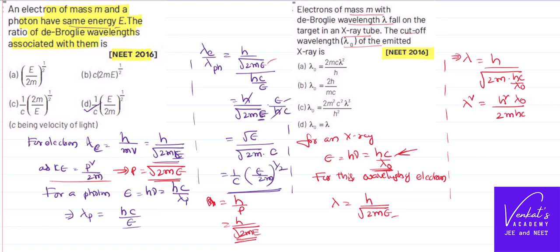That lambda naught will come to the numerator automatically. That implies lambda naught equals 2m hc by h square of lambda square. One h can be cancelled, that is 2mc by h of lambda square. Lambda naught equals 2mc by h of lambda square. Option number 1 itself is the answer for that problem.